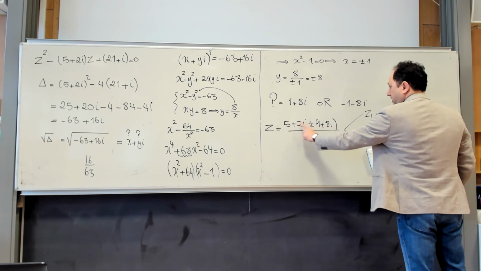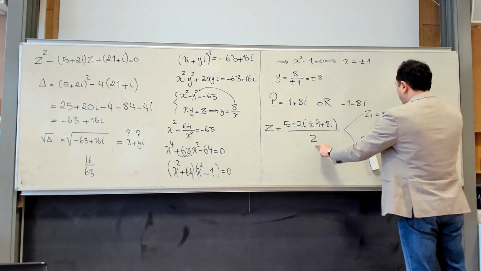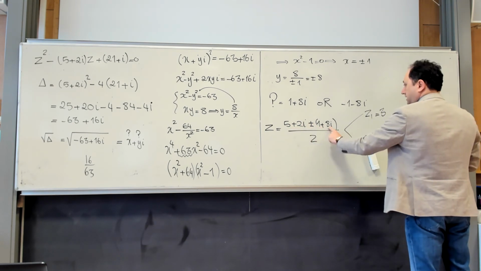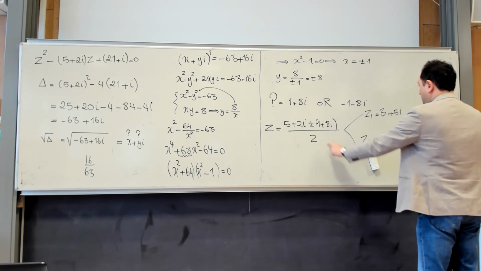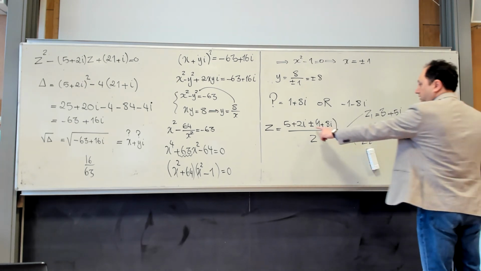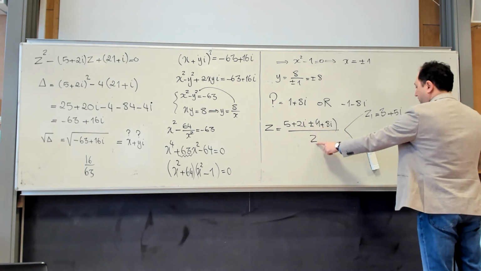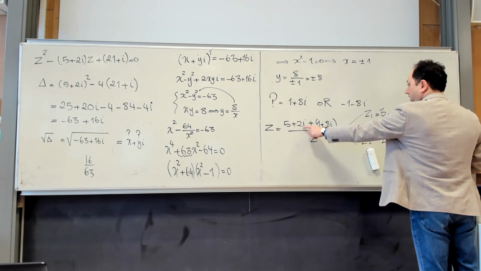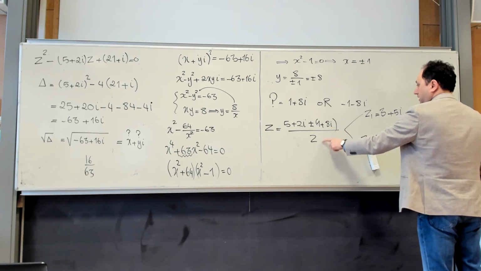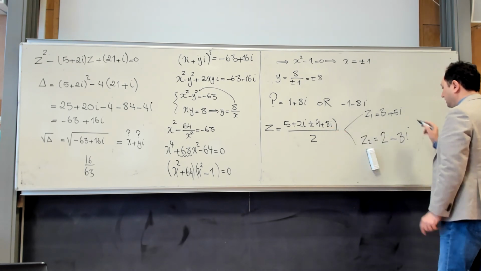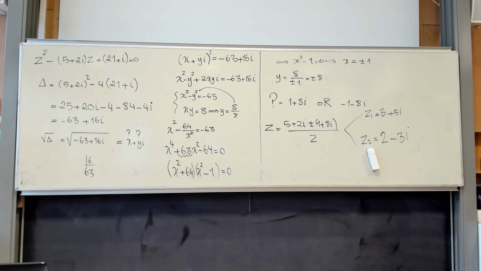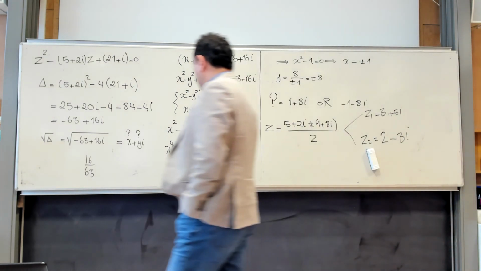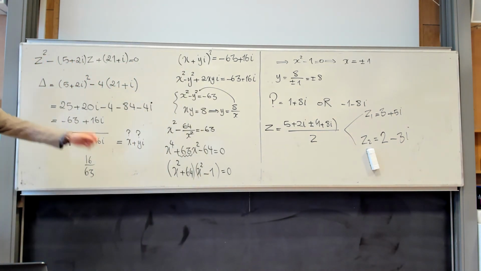I choose the positive sign first. 5 plus 1, 6 divided by 2, 3. 2 plus 8, 10 divided by 2, 5. This is one root. And the other one, I took the negative sign. 5 minus 1, 4 divided by 2, 2. And then 2i minus 8i is minus 6i, divided by 2, minus 3i. So finally, these are the numbers. You see, they have been designed in a very nice way. They are testing your understanding, and you are not messing up with very bad numbers. Okay, so this is something good to know.